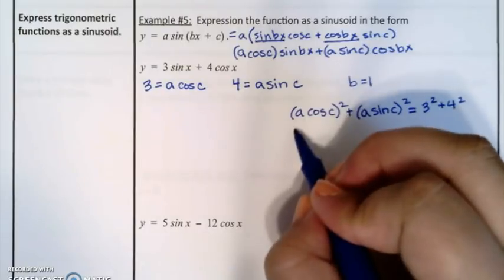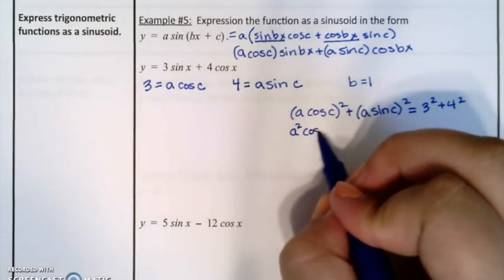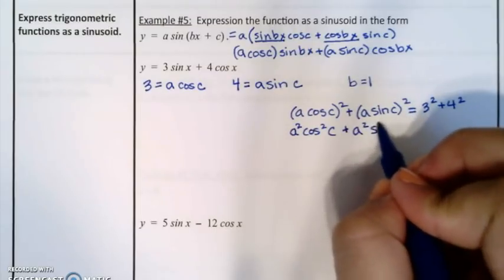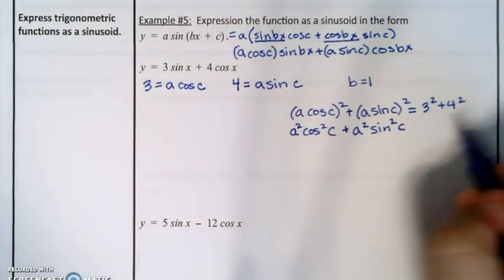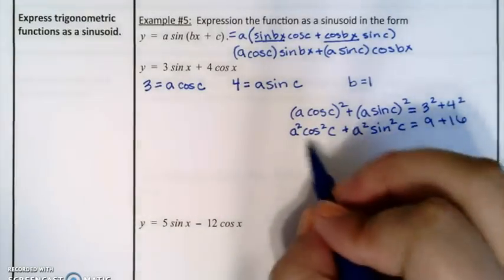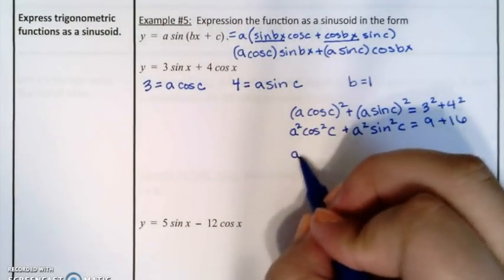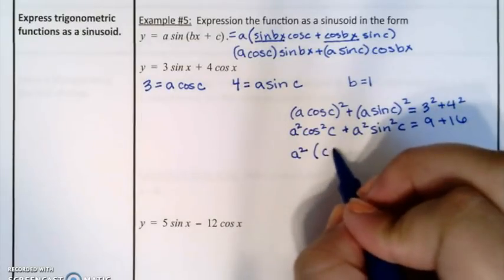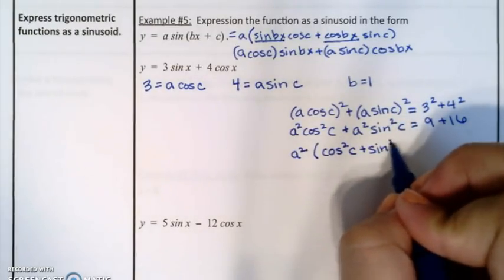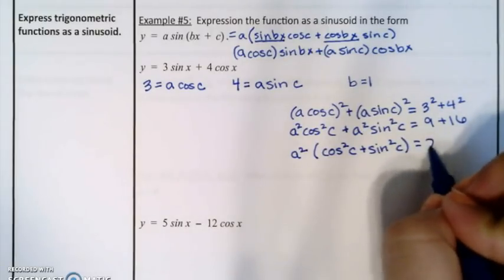Calculating that, I have a squared cosine squared c plus a squared sine squared c equals 9 plus 16. So factoring out a squared, cosine squared c plus sine squared c equals 25.